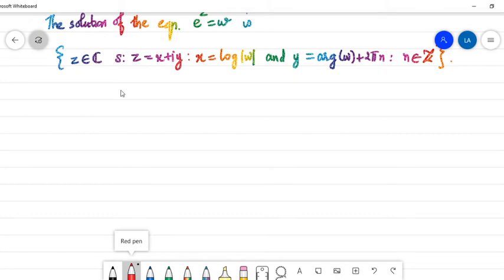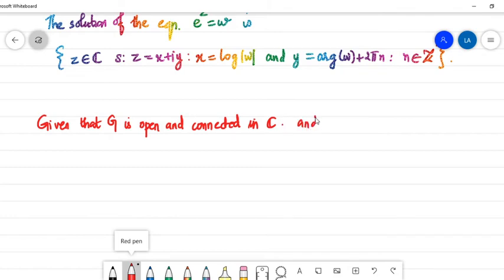So suppose we are given that G is an open and connected set of complex numbers, and f from G to C is a continuous function, continuous in the topological sense.